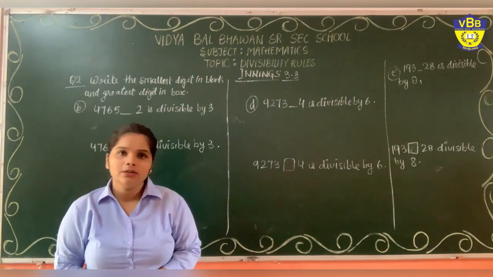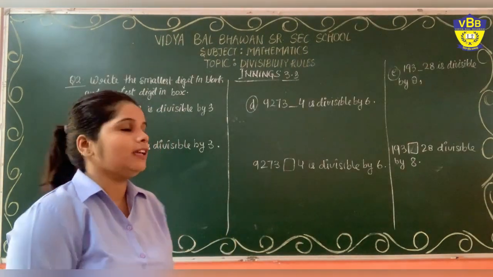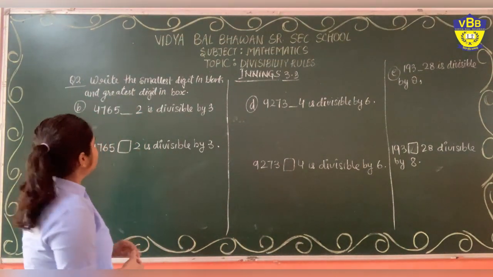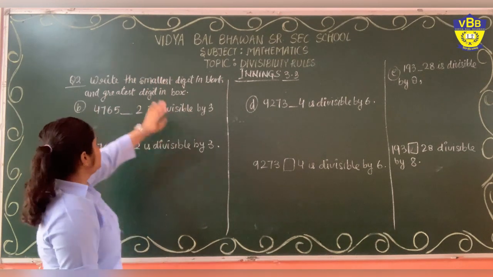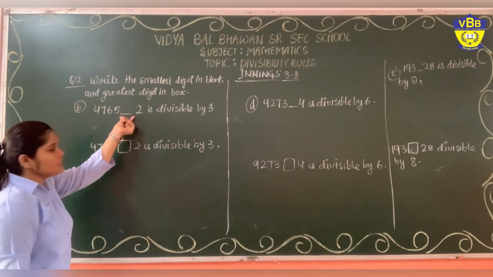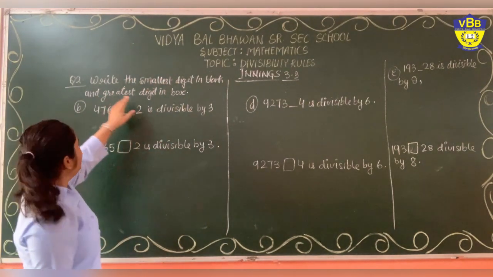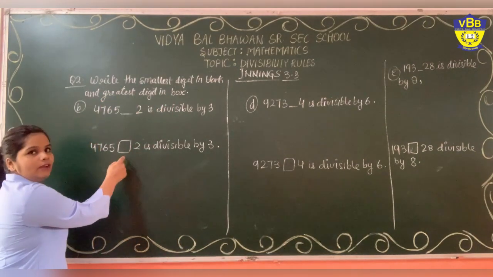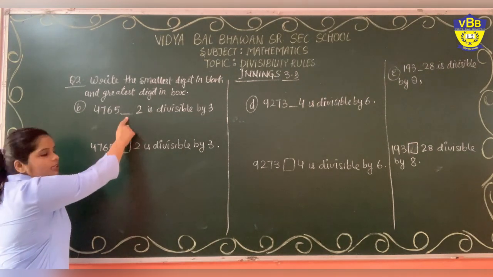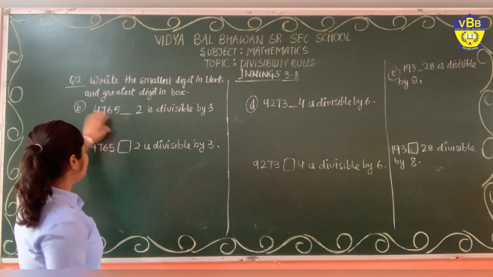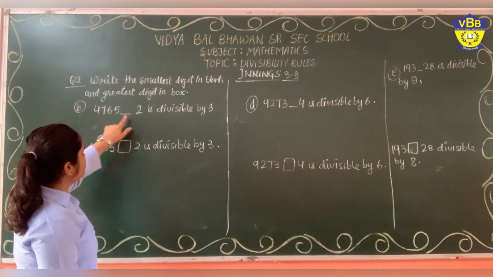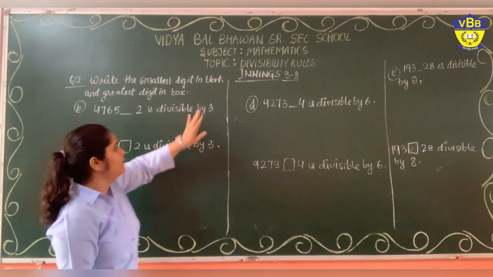So now let's discuss exercise 3.3. The question is: write the smallest digit in the blank and the greatest digit in the box. In the blanks you have to write the smallest one, and in the box you have to write the greatest one. The first one is 4765 blank 2, divisible by 3.